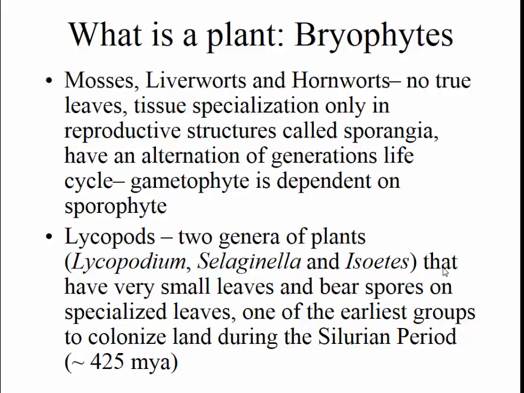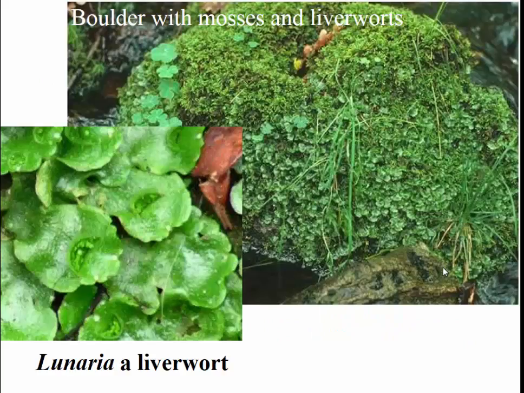Their roots are not as specialized as they are in ferns, gymnosperms, and angiosperms. But the important thing about these plants is that they dominated the Permian coal deposits during the Paleozoic, as well as were the first to colonize land during the Silurian period many years ago.